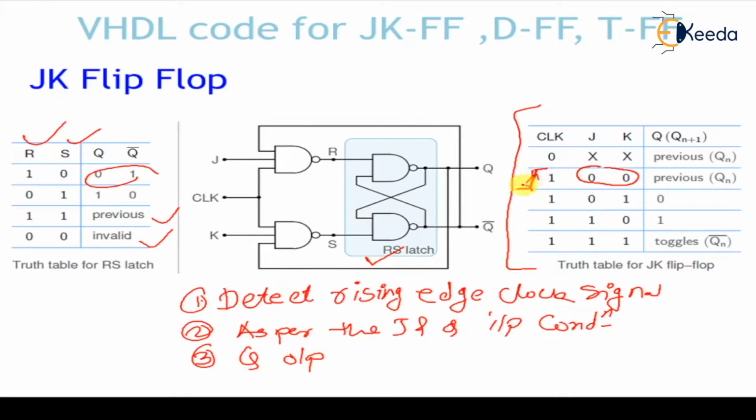Okay, so let us see how to detect this. First of all, the question arises how to detect this rising edge in VHDL. There is an attribute in VHDL called tick event. Using this attribute, we can detect the rising edge using an if statement like this.